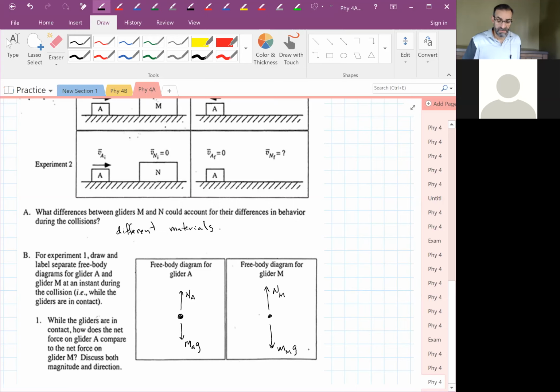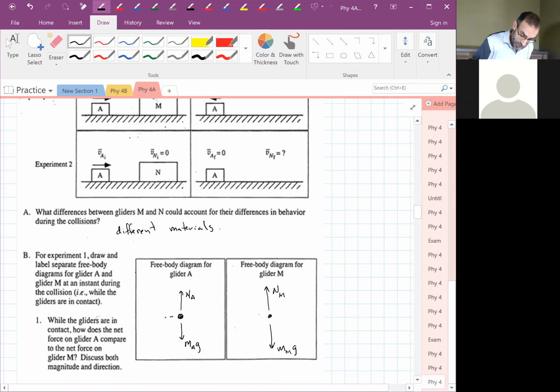Those are the vertical forces, right? How about the horizontal forces? Anything acting on A horizontally. A force to the left: when it hits M, M pushes back to the left.